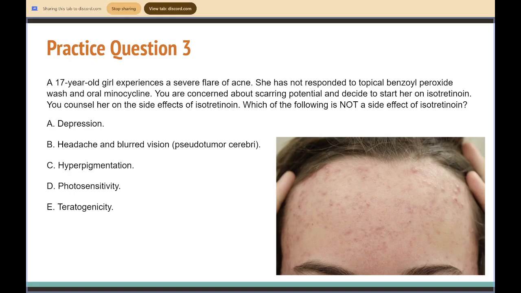It's not just depression, any mood changes can be seen, and that can be suicidal ideation, dysthymia, and also hyperlipidemias. With isotretinoin, you need to do cholesterol in the follow-up tests, and there can be arthralgias and myalgias. So, this is practice question 3, and the choice was C. Good job if you got it.